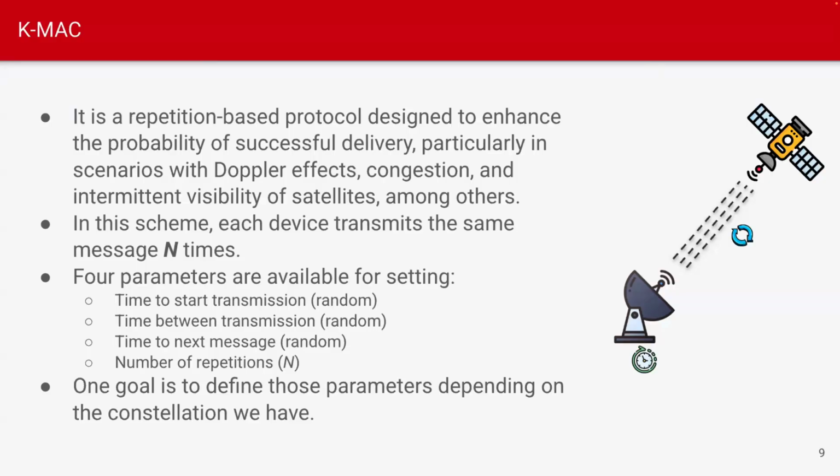Then I will wait another random time between two transmissions. And when I have finished, I will wait a random time before sending the next message. Depending on the constellation and on how we distribute our devices, we need to define and change those parameters in order to get the best results.